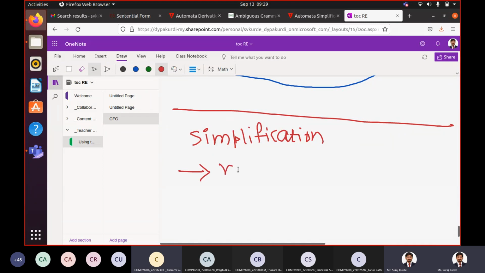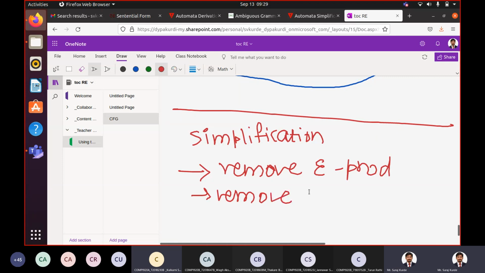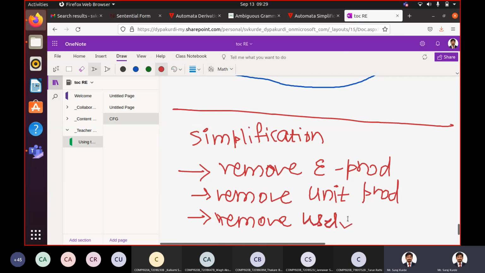There are 3 steps. Remove epsilon production, remove unit production, and remove useless production.